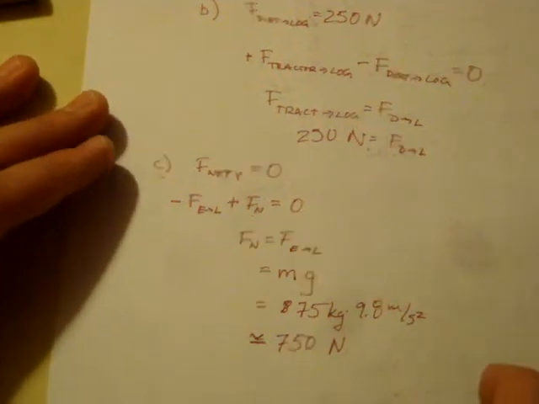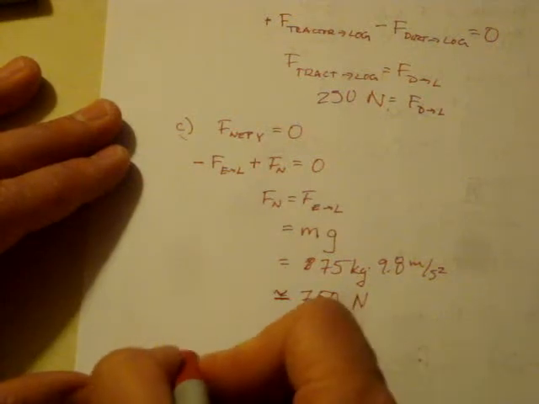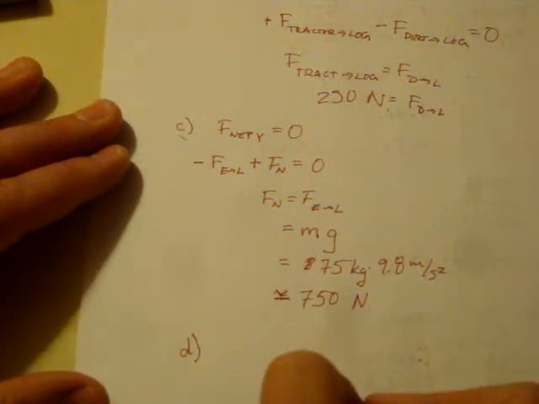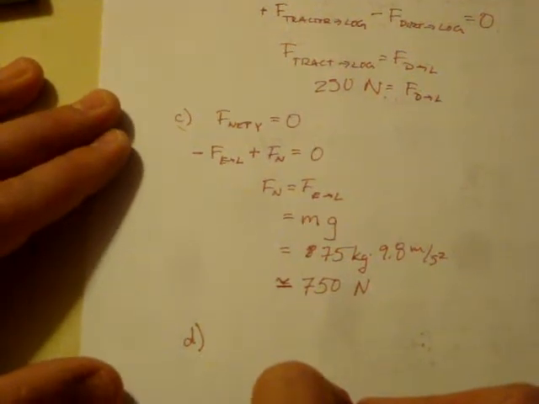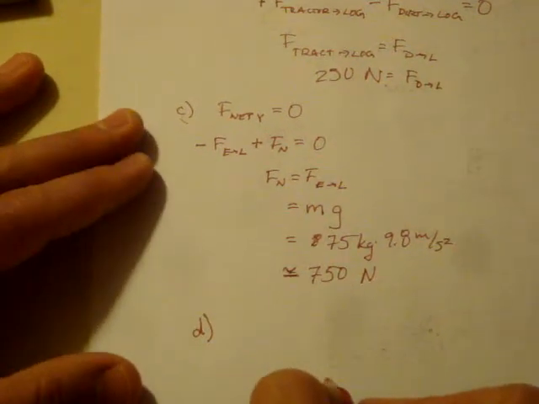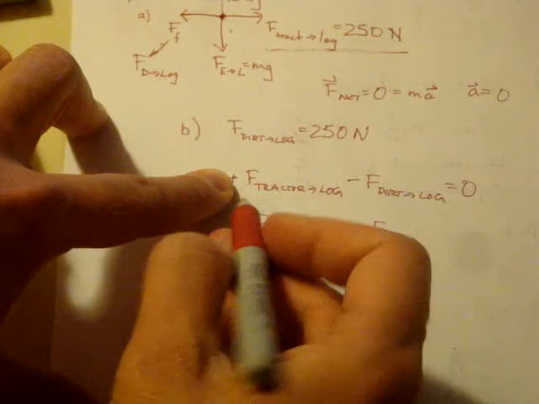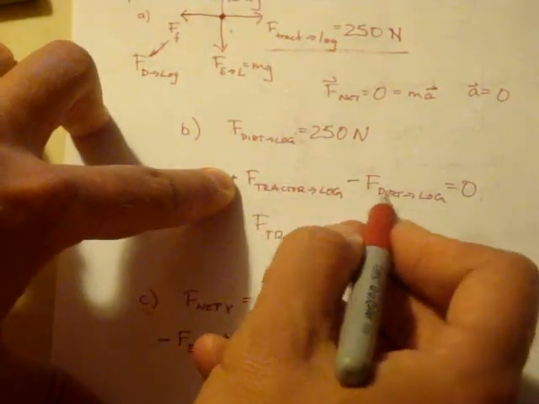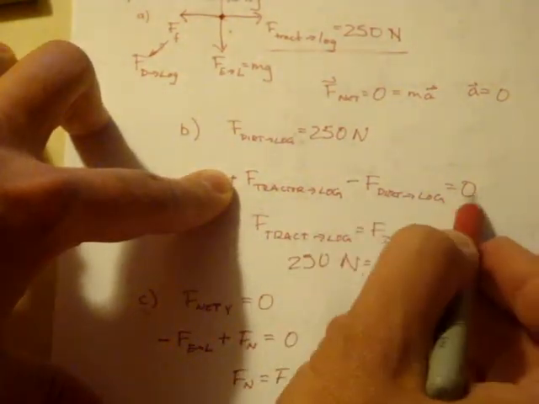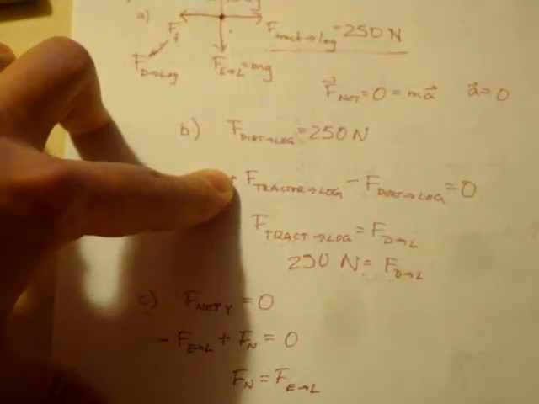All right. And then part D asks, what horizontal force must you exert if you want to give the log an acceleration of 2 meters per second squared? Well, we can just use the same expression we have up here, that the force of the tractor on the log minus the force of the dirt on the log is going to be equal to the mass of the log times some positive acceleration.